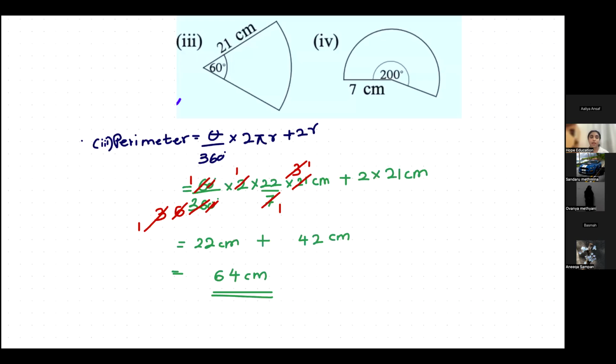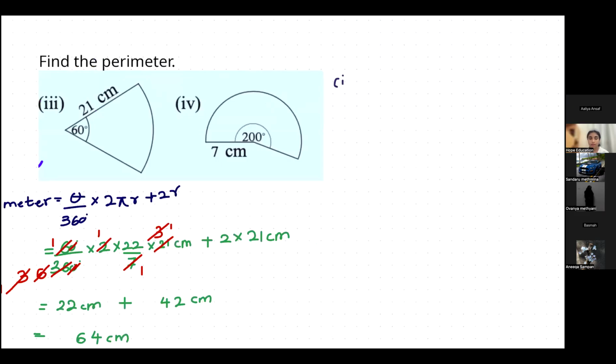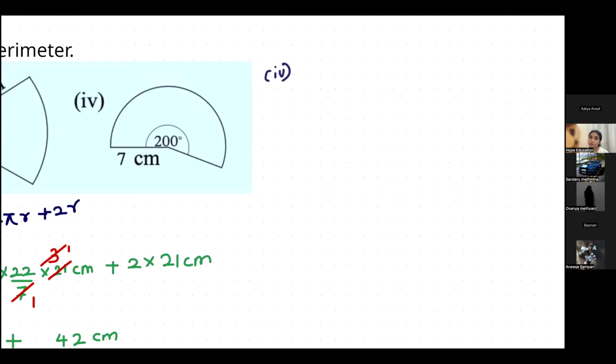Okay. Let's move on to the fourth Roman number. For this one, I'm going to start off by first writing the formula. Perimeter equals theta over 360 multiplied by 2 pi r plus 2r.